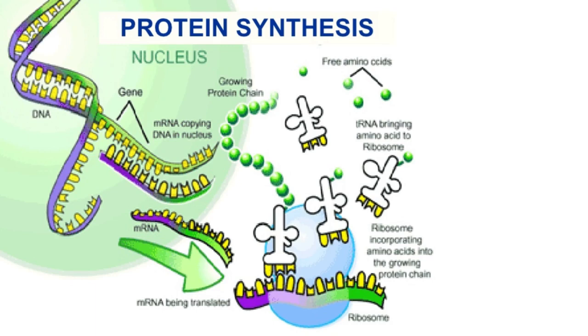So, this is not very good resolution. So again, this is just another model showing you protein synthesis. It's kind of the same thing. The green is the nucleus. We could see the DNA is here. We could see it's unwound a little bit to expose this gene.